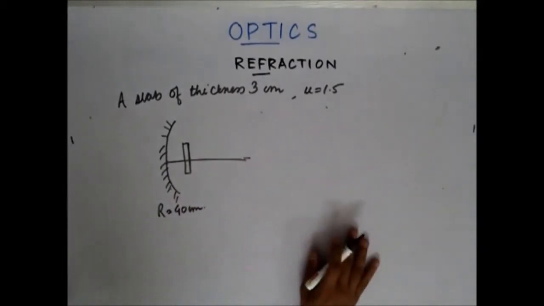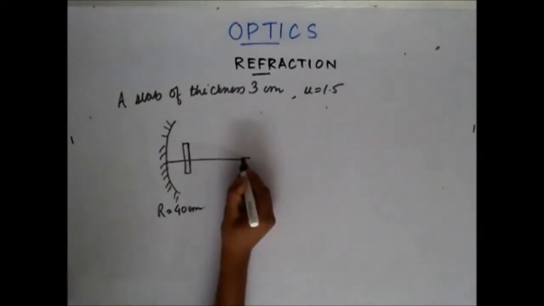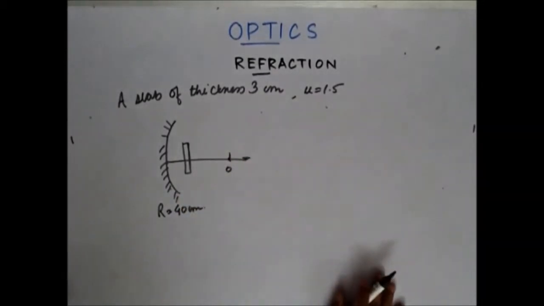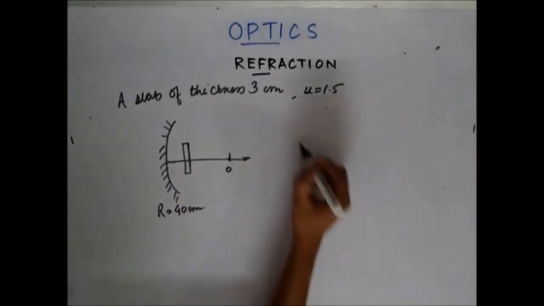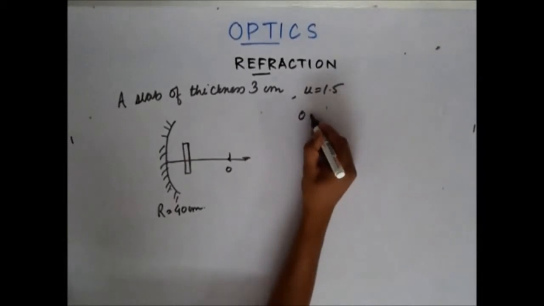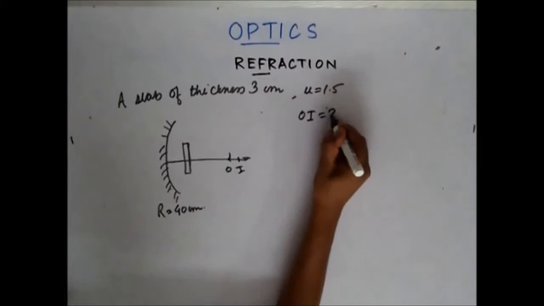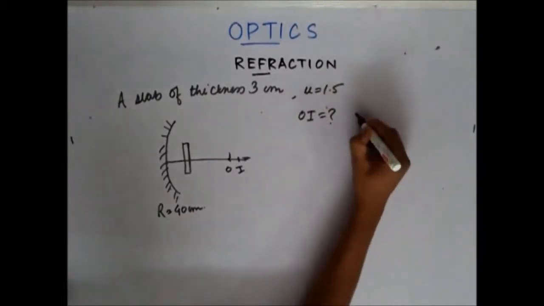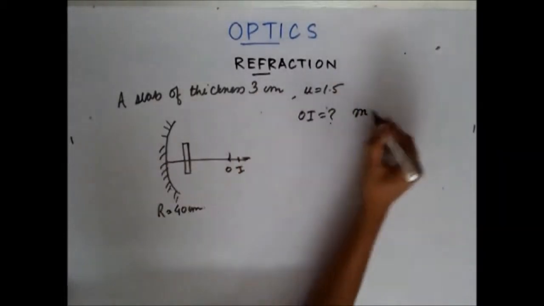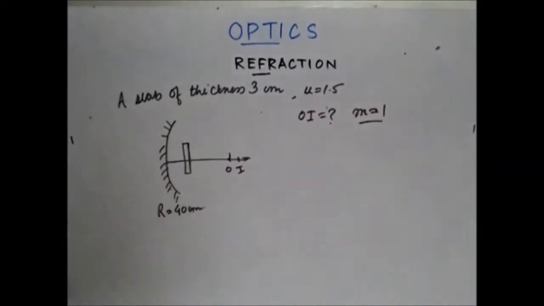It's said that the image location coincides with the object location. So if the object is placed here, the final image also forms here. So the question is, what is the distance between the object and the image? Let's say the image is formed here. So what is OI? The magnification produced by the whole setup is 1.